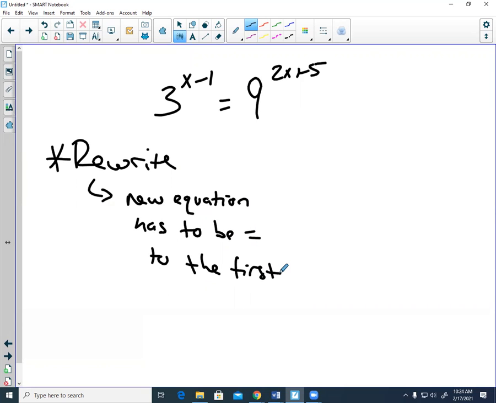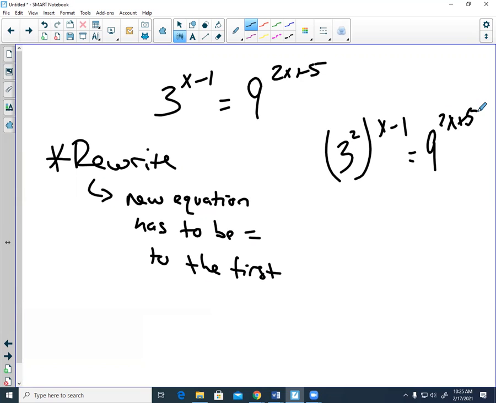So I can't just rewrite something, because again, the next thing that people are going to want to do is they're going to want to say, well, I could just do 3 squared raised to the x minus 1 equals 9 to the 2x plus 5. They look at it like this, and now all of a sudden that equation is no longer equal, because 3 squared is the same thing as 9.